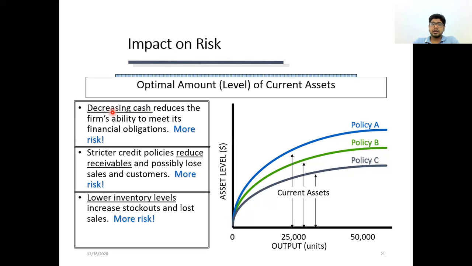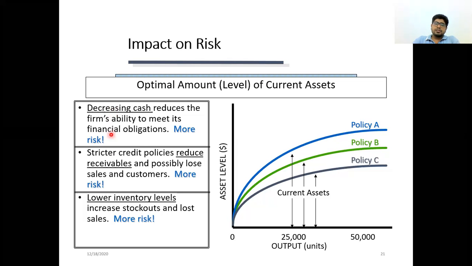We are unable to settle our bills. We are unable to pay the labor charges to our employees, and we do not have enough inventories in our shop. So what will happen? We end up with more risk, right? It leads to high risk.